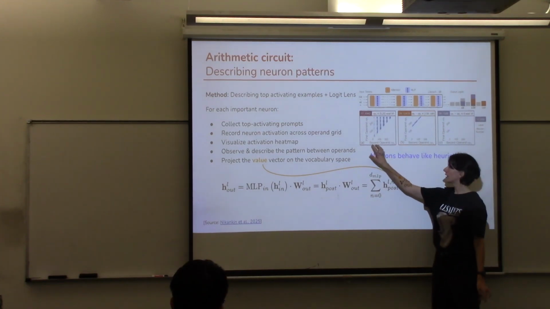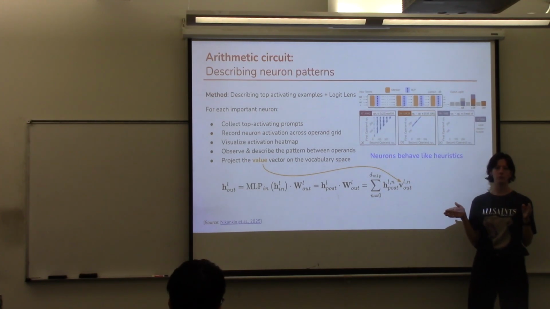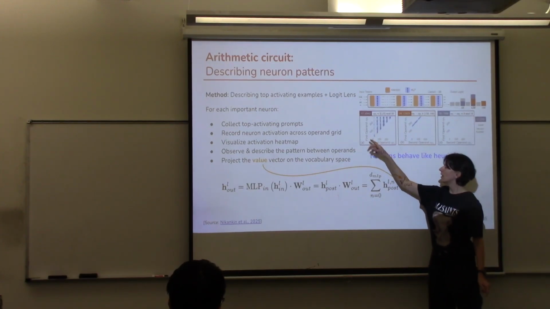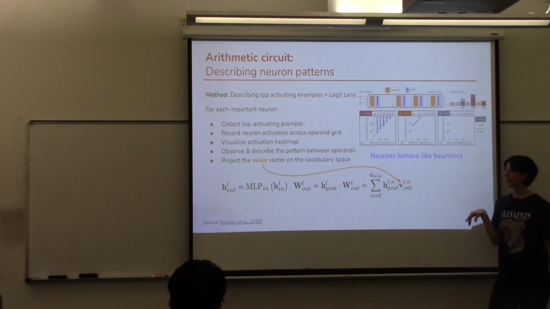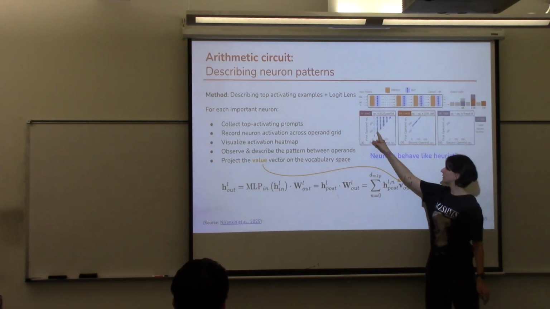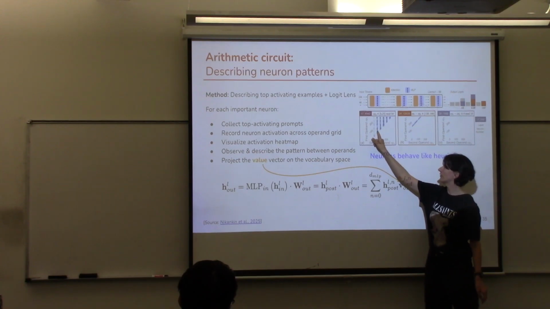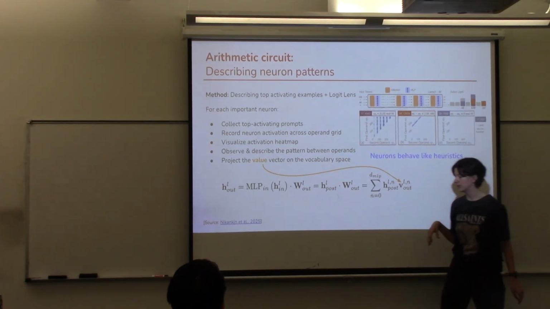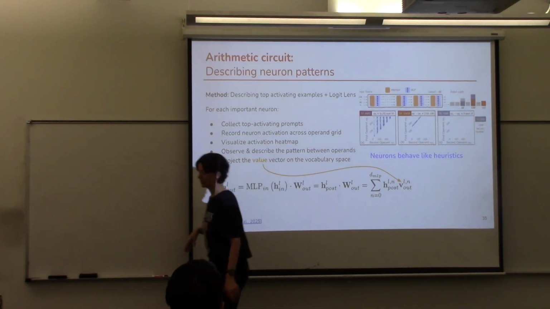They are restricting operands to be from 0 to 999, and then this value means that, not necessarily addition, think any operation, I have this high value when I have 100 and 100 as operands, right? So you can visualize when the neuron is activated using these heat maps.